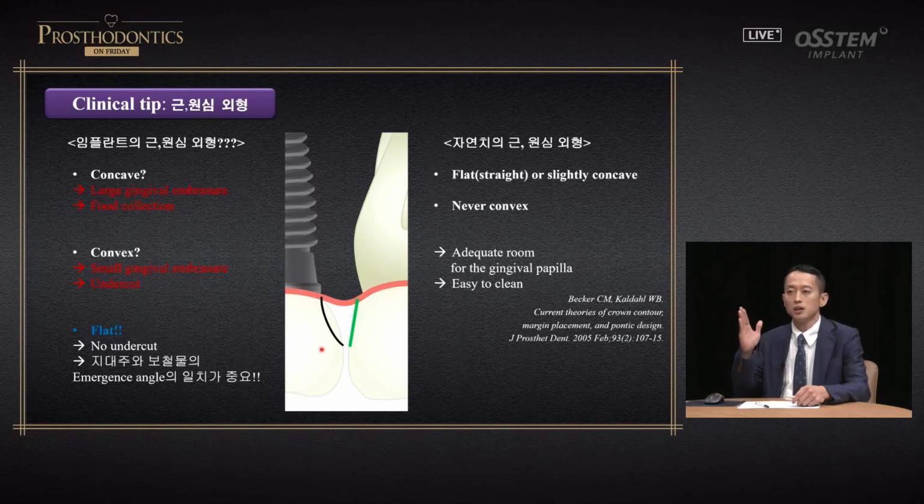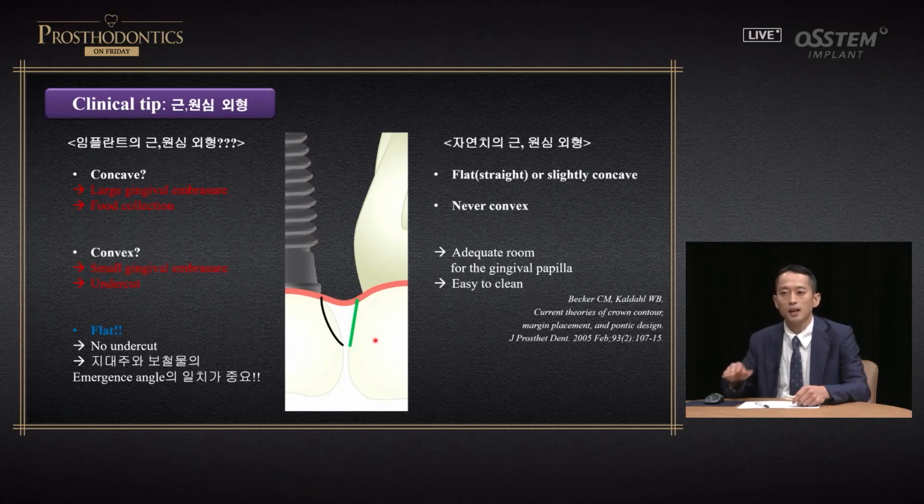Unlike the implant, the natural tooth is basically vertically upright mesiodistally. Therefore, even though it's slightly concave, food impaction does not occur frequently. However, in the case of implant, it is slanted, and if it becomes concave, that's where food impaction occurs easily. Conversely, if it becomes convex, gingival embrasure space becomes smaller.